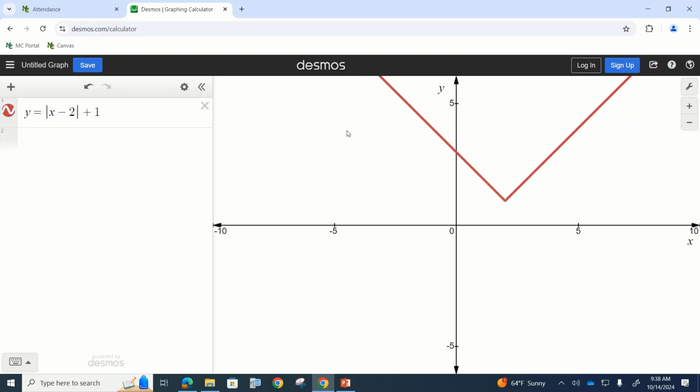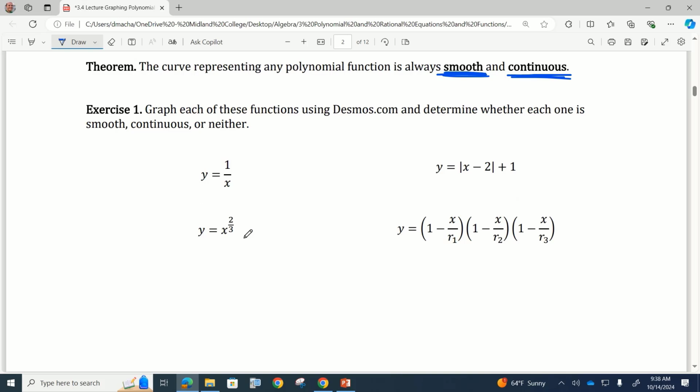Is this continuous? Yeah. You can draw the whole thing. What about smooth? Is this smooth? No. So you can tell where the one part of that curve is that's not smooth. And so if I showed you a picture of this on an exam, you'd say that definitely cannot be a polynomial because it's not smooth. And polynomials have to be smooth.